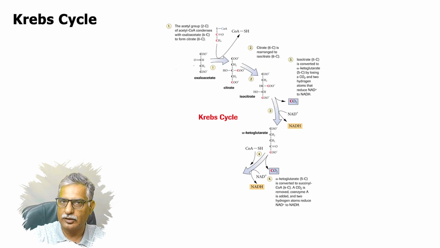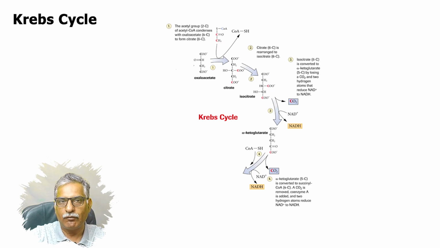In the next step of this Krebs cycle, another decarboxylation process will occur that results in the loss of another carbon in the form of carbon dioxide, immediately followed by an oxidation process, and hydrogen released from alpha ketoglutarate will be picked up by another NAD molecule and also converted into reduced NAD.